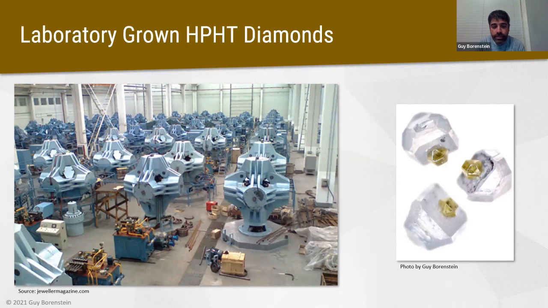Just look at the number of the machines there and do the calculation of how many diamonds they can create every 24 hours. On the right side, you can see images of some HPHT grown rough. You can see the diamond seed, the yellow crystal, and above it we see the colorless diamond that we just grew.